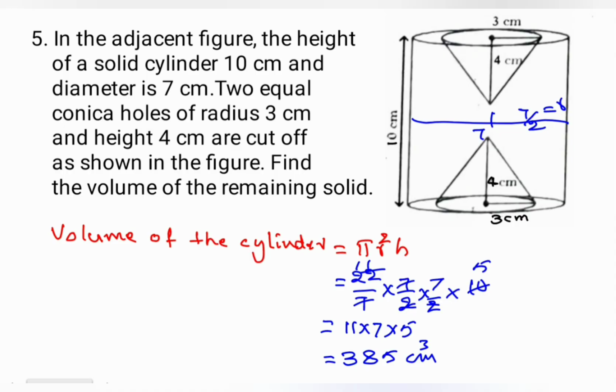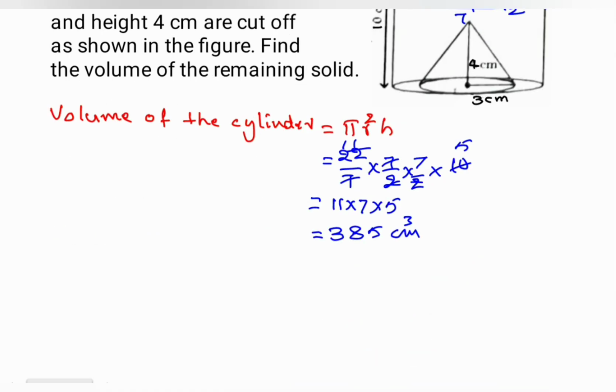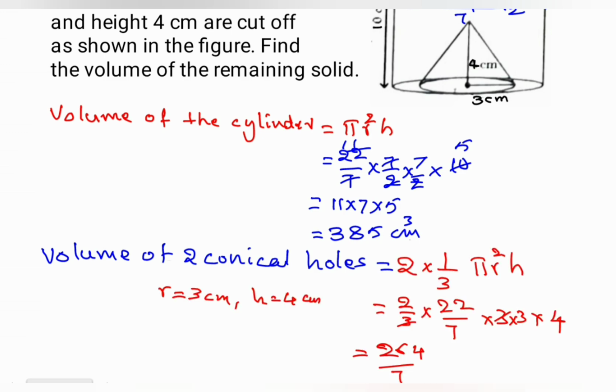Two conical holes are there. The volume of the cylinder is pi r square h, pi equal to 22 by 7 into 7 by 2 into 7 by 2 as r square, and h is 10.